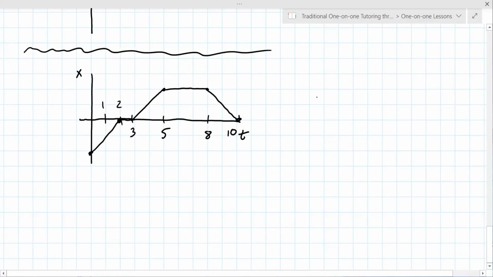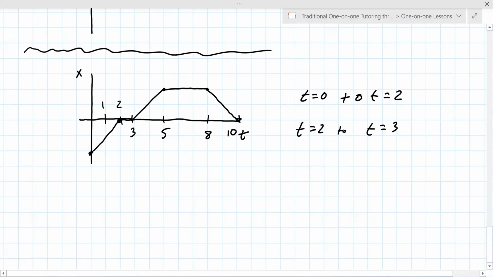So I would ask you, what's happening from t equals 0 to t equals 2? Could you describe what's going on here? The particle is going towards the origin? Yes, exactly. And what's going on from t equals 2 to t equals 3?